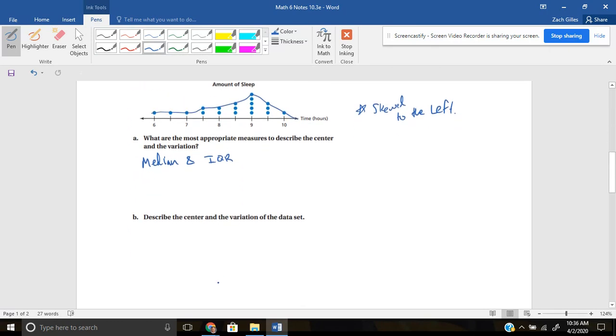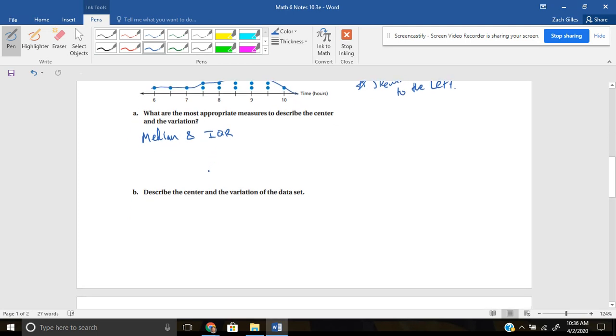For the second part, then it wants me to describe the center and the variation. So in other words, find the median and find the interquartile range. All right, I'm going to list my data first. I always like to do that from least to greatest.